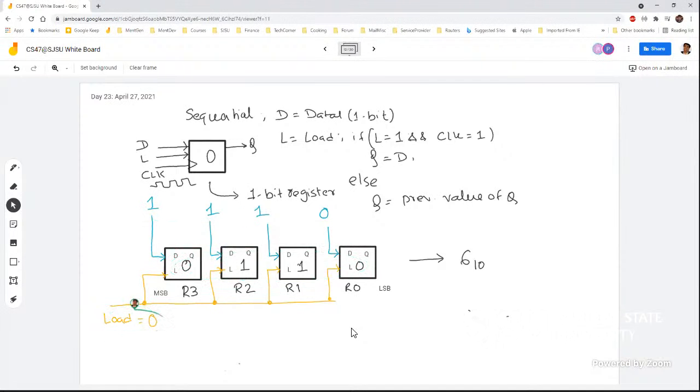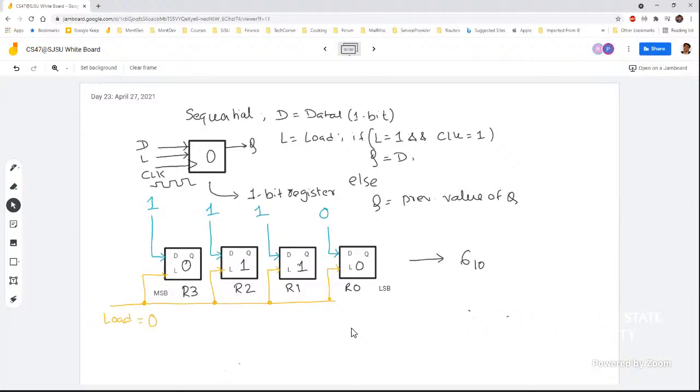So you can really control what values to be loaded in parallel in this configuration. Right? So far, any question? It appears not. Okay, so far so good.